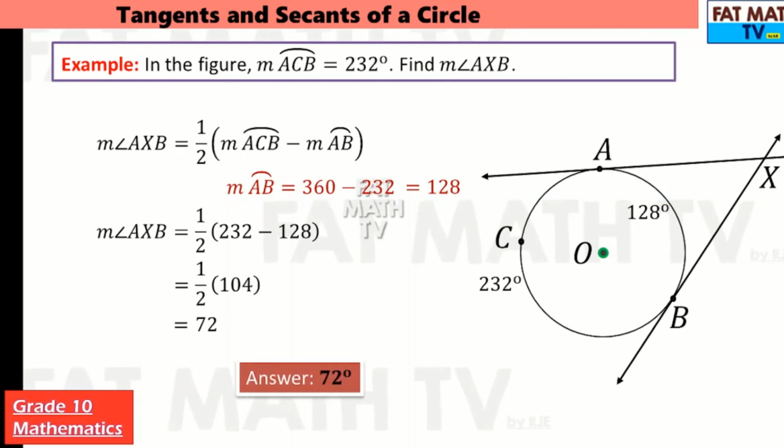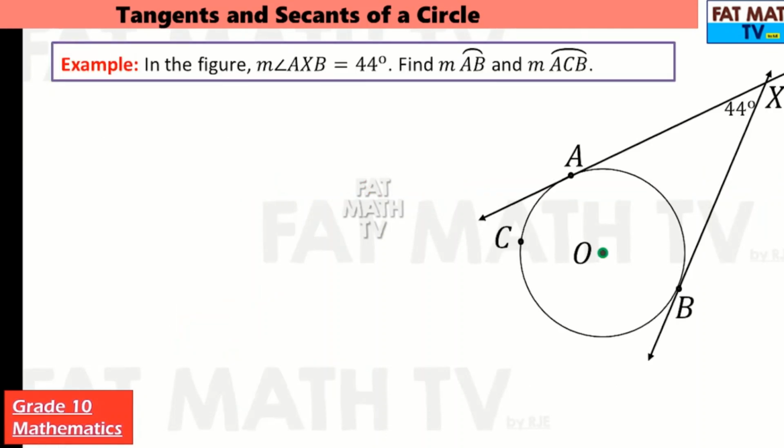Oh, it should be 52. So this should be 52, and this should also be 52. Okay, so we have an error here. Half of 104 is 52. So the answer is 52.